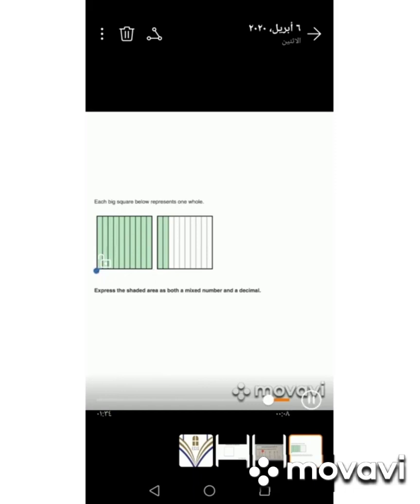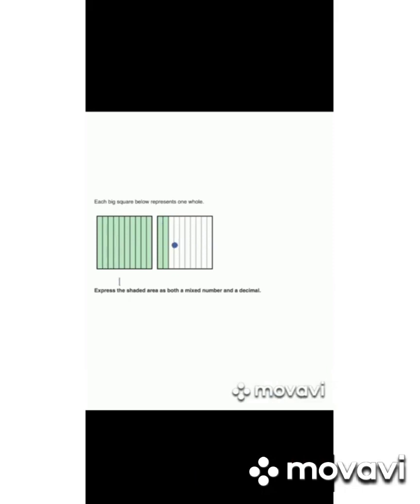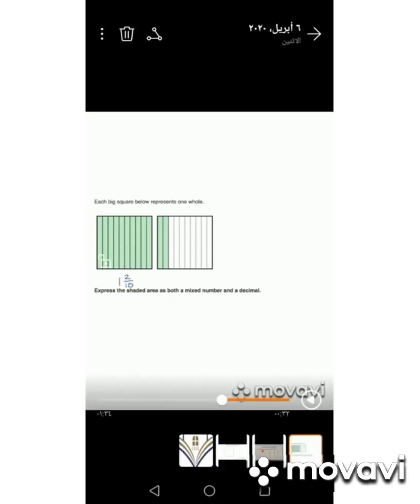So the completely shaded square is one whole, so write 1. And the two shaded spaces out of 10 spaces, we can represent as a fraction in the form of 2 tenths. So now we express it as a mixed number, 1 whole and 2 tenths.